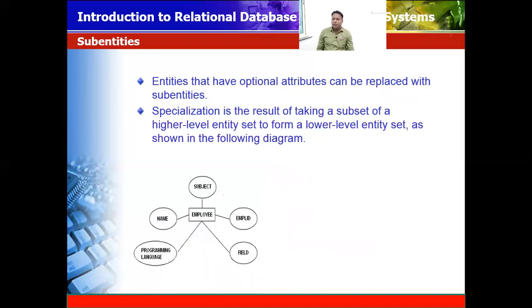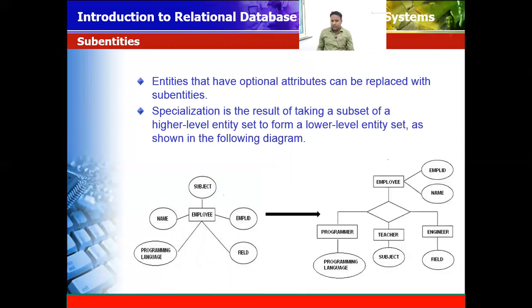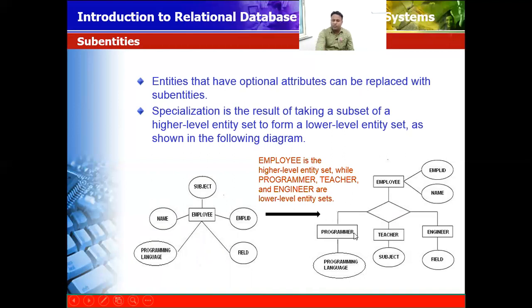Entities that have an optional attribute can be replaced with a sub entity. Specialization is the result of taking a subset of a higher level entity to form the low level entity. Like from employee we converted to programmer, teacher, engineer. So these are called what? Sub entities: programmer, teacher and engineer.